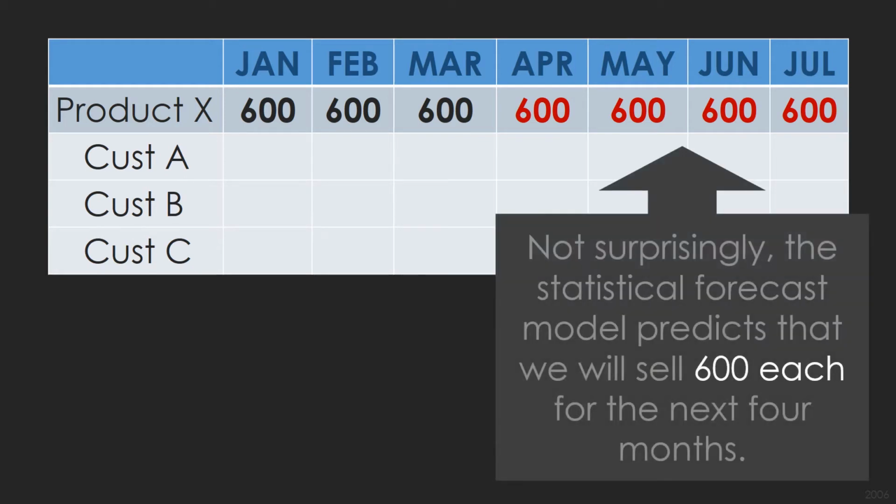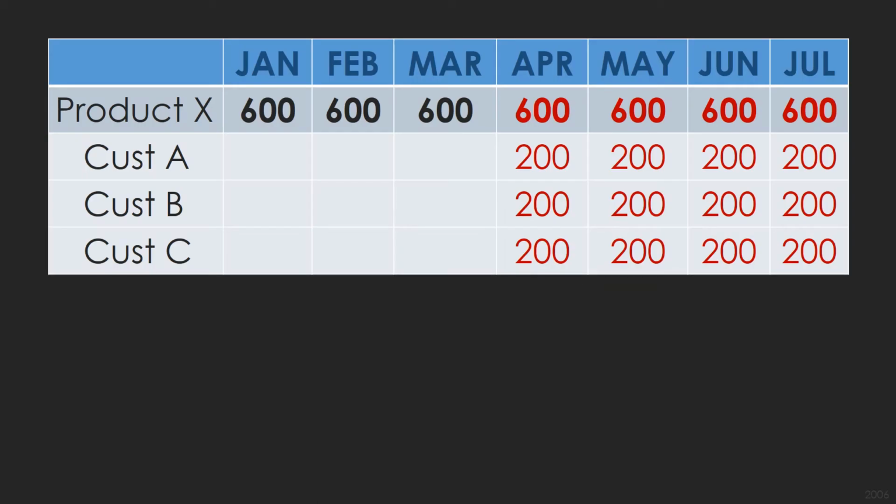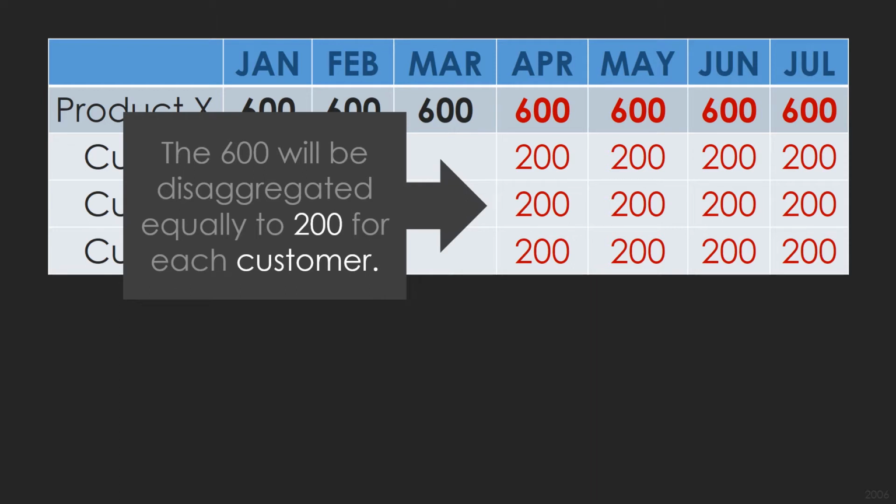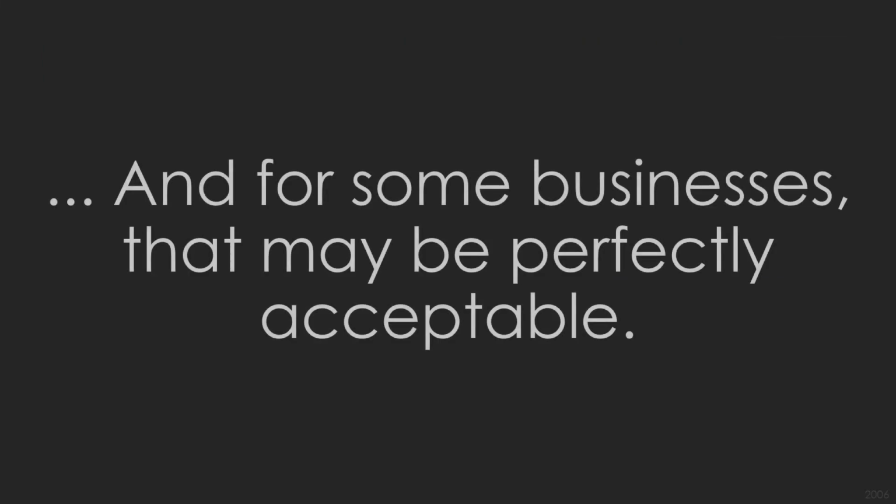Not surprisingly, the statistical forecast model predicts that we will sell 600 each for the next 4 months, if we do nothing else. The 600 will be disaggregated equally to 200 for each customer. And for some businesses, that may be perfectly acceptable.